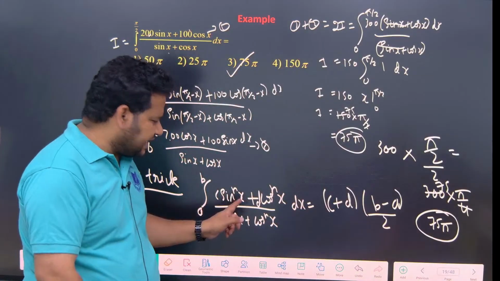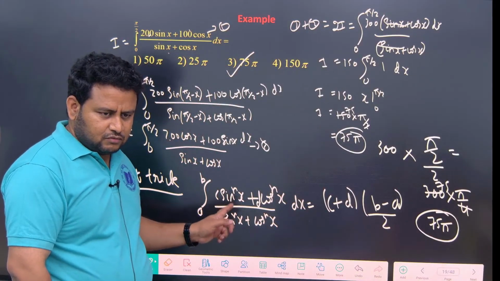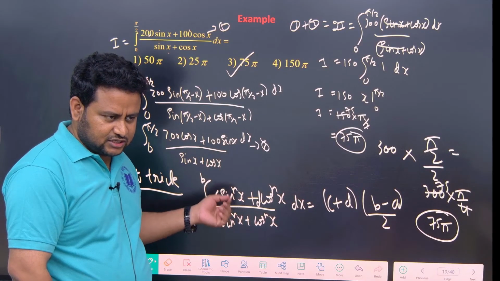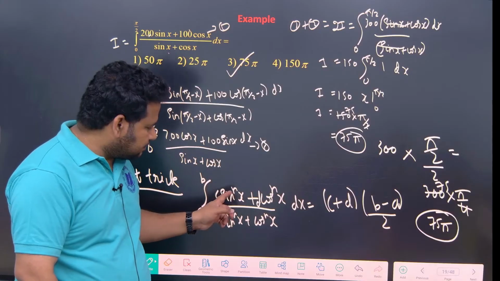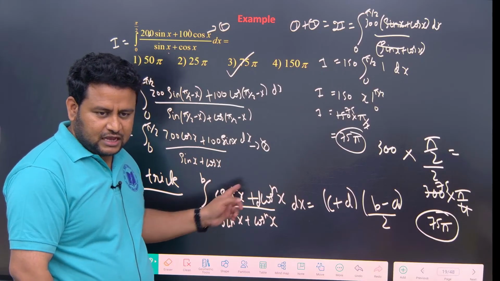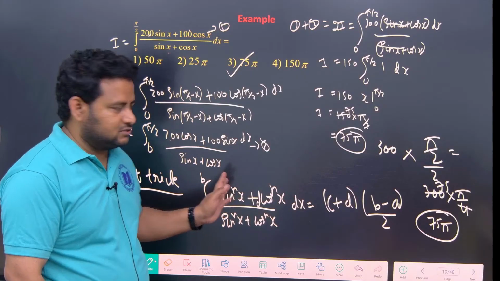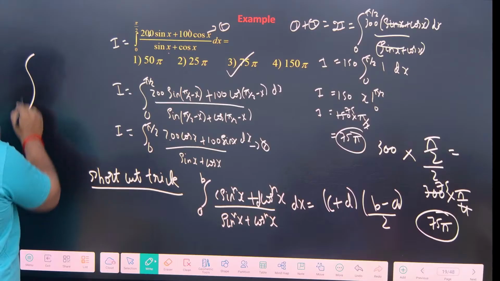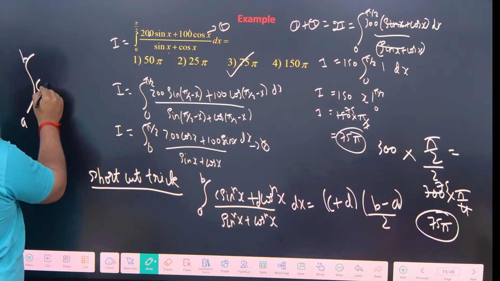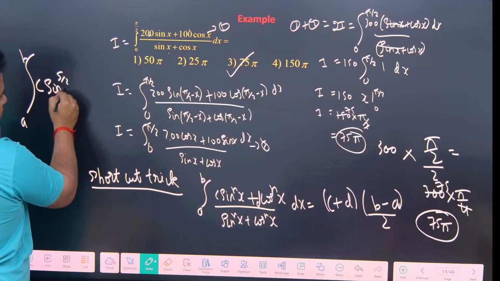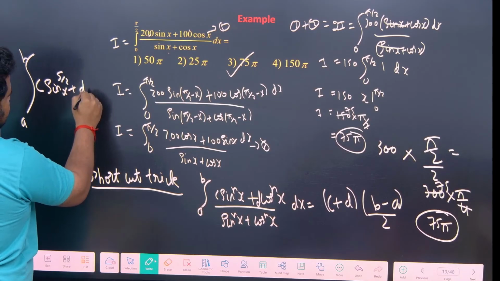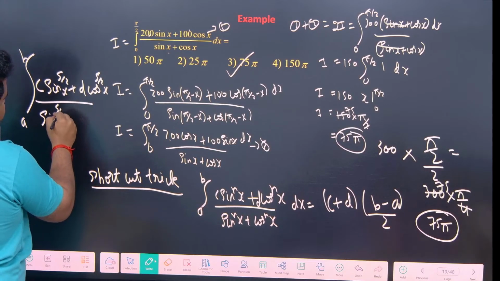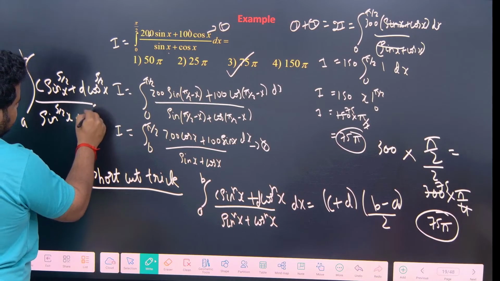And here the n value need not be 1, 2 like that. It can be 0, or if it is 0 it will vanish. It can be any real number. Suppose n value is 5 by 2: sin power 5 by 2 x times C, D into cos power 5 by 2 x, divided by sin power 5 by 2 x plus cos power 5 by 2 x.